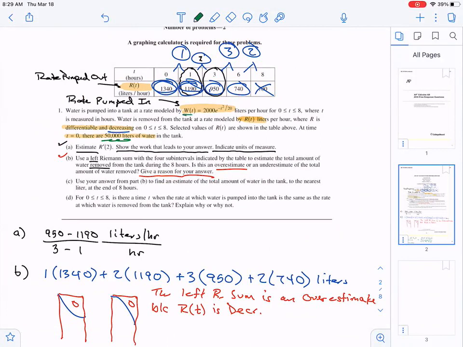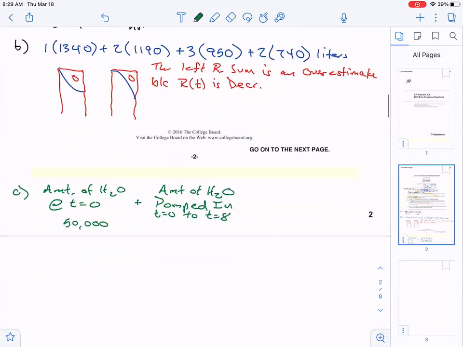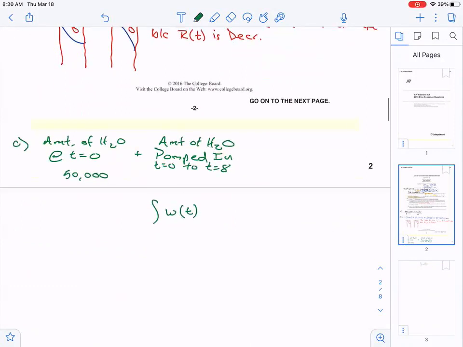Okay, that's the W of t right here. So in order to get the amount of water pumped in, I need the integral of W of t, from time 0 to time 8. Okay. So that definite integral will give me the total amount of water that was pumped into the tank from time 0 to time 8.